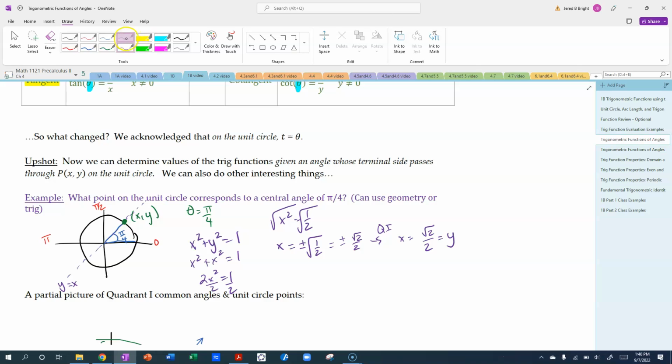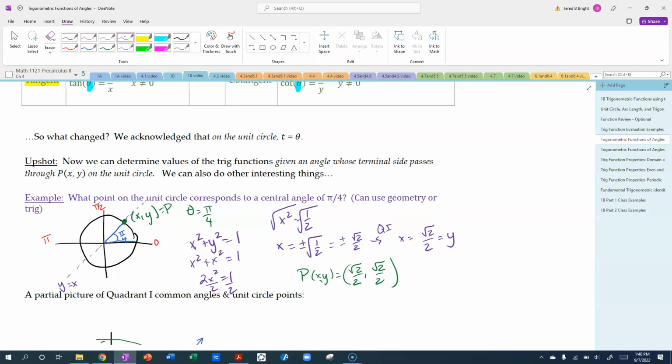So in total, if this is my point P, P of (x, y) is (square root of 2 over 2, square root of 2 over 2). So now I can identify a central angle with a point on the unit circle. That's kind of neat.